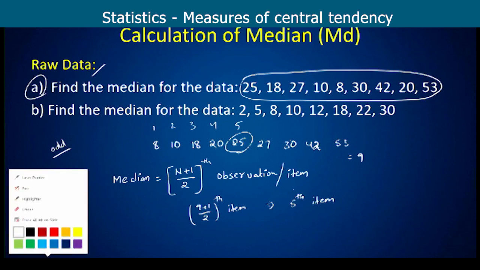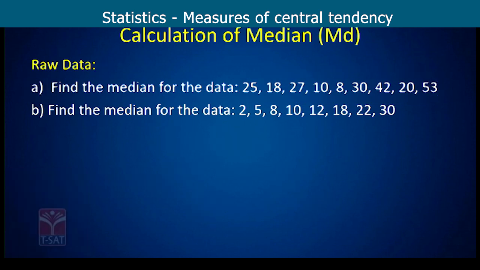So what about an even number of observations? When the number of observations is even, just check this data: 2, 5, 8, 10, 12, 18, 22 and 30. It is already arranged in ascending order.